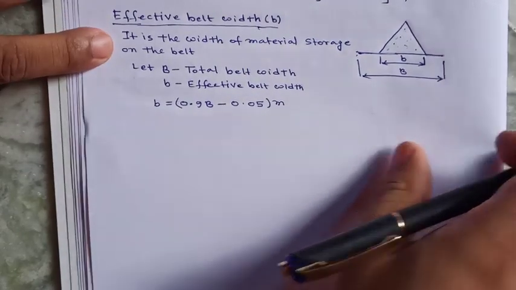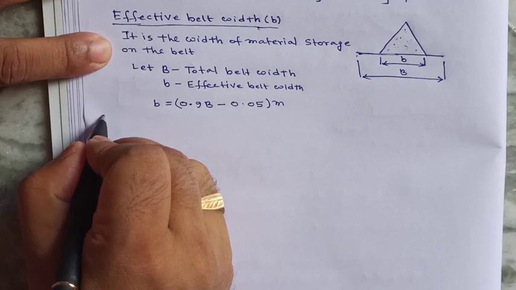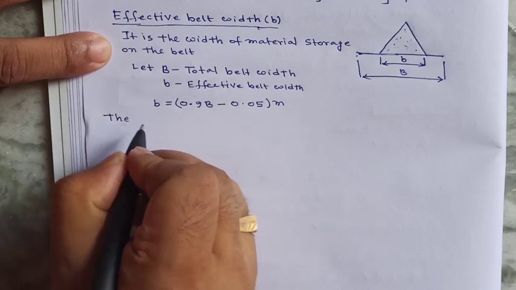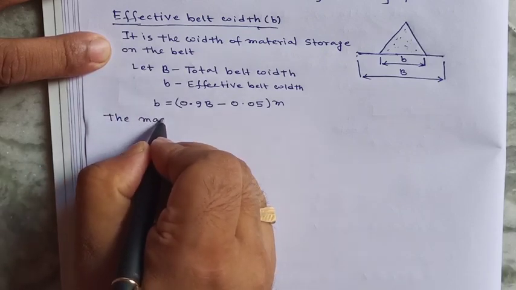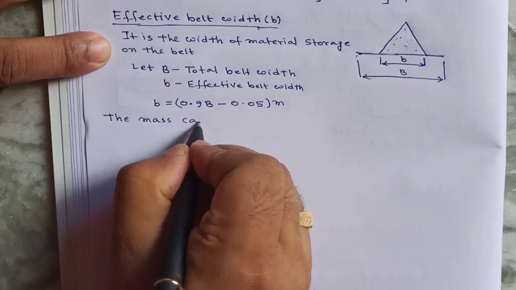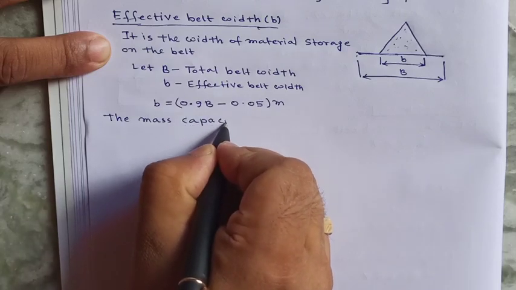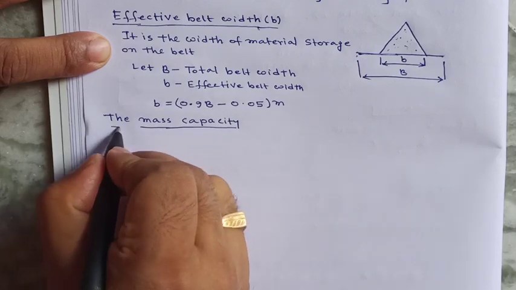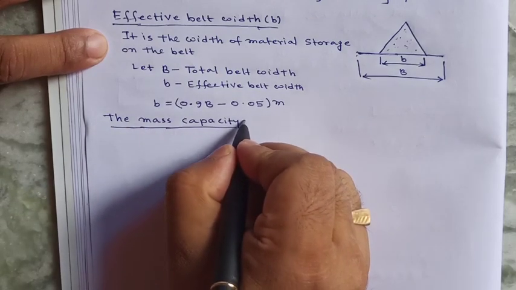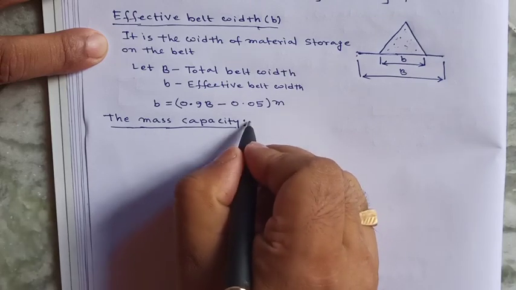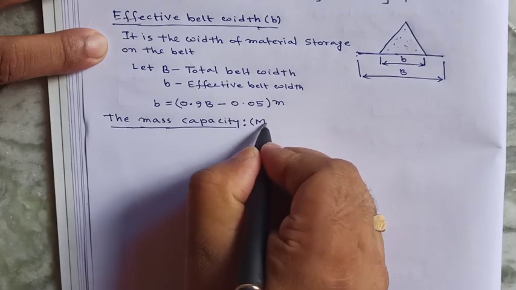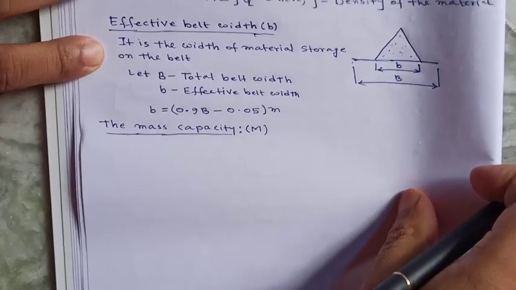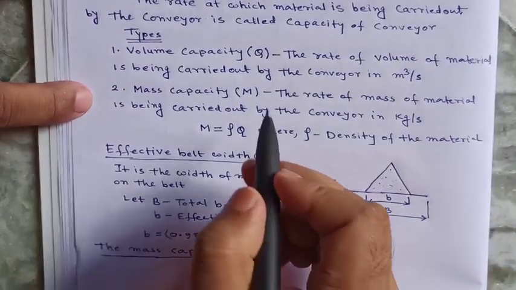Now the mass capacity. This mass capacity is denoted by capital M. Already we know this is the mass capacity.